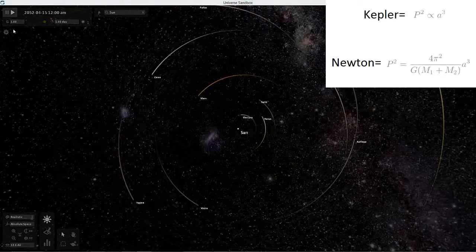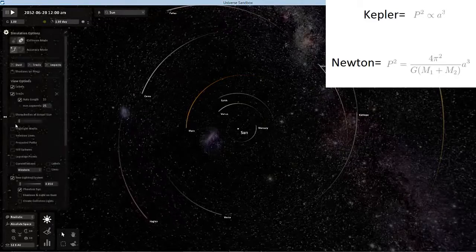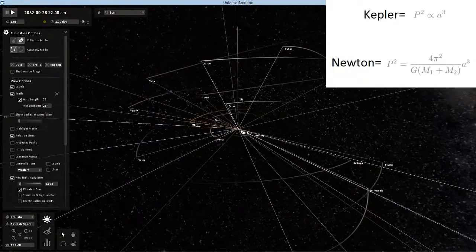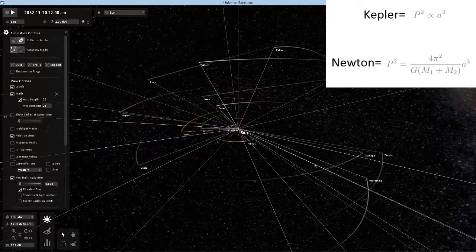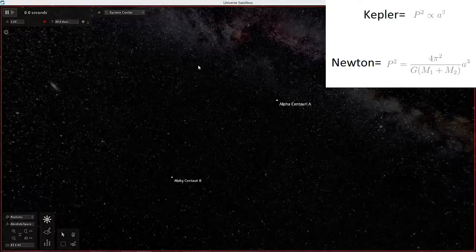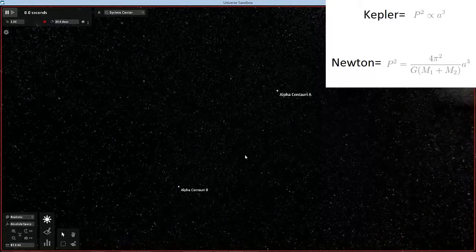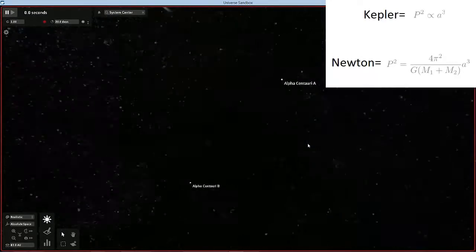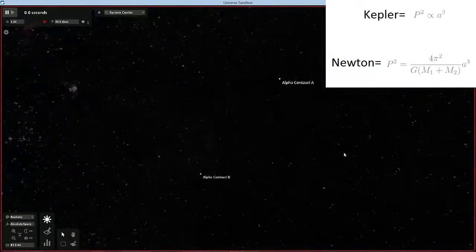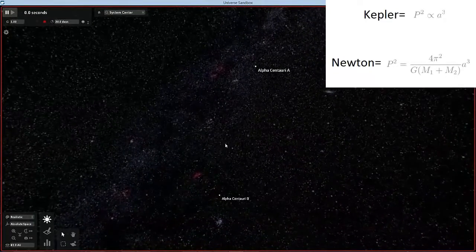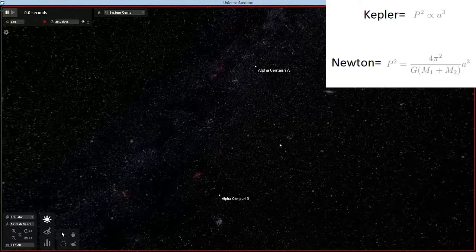And before I get into these rules, one thing I want to mention, the relevant line, basically it shows what everything is orbiting around, which is very important for a second. And this is a binary star system. There's really an Alpha Centauri C, which is the closest solar system to us, but I only have up the Alpha Centauri A and Alpha Centauri B, in order to show you a binary system and show you what Newton was going for.